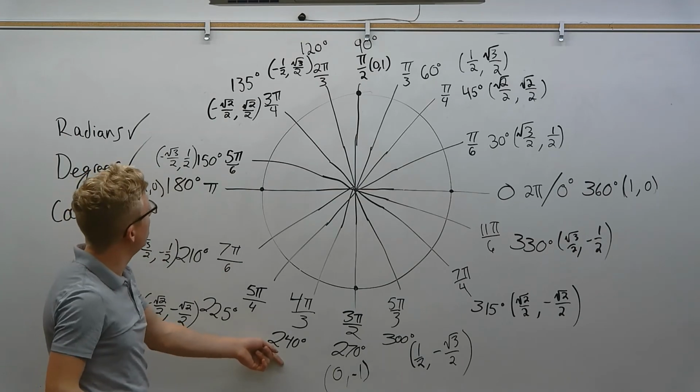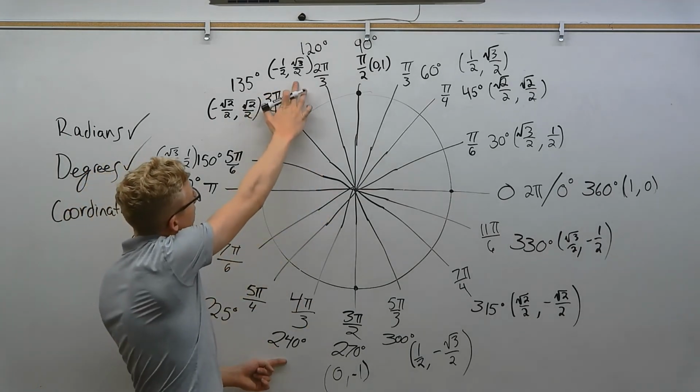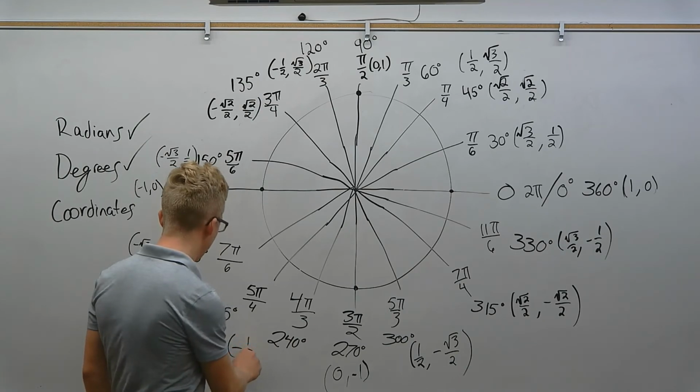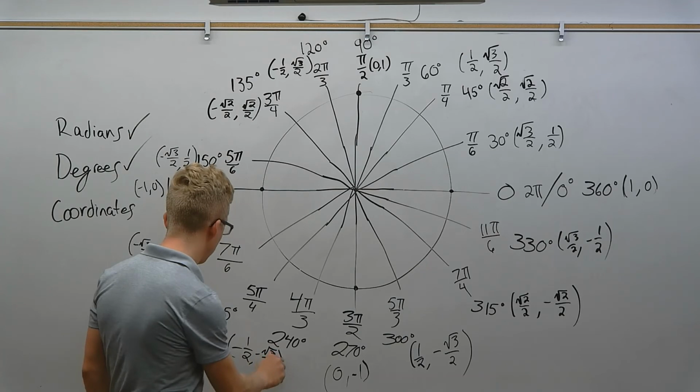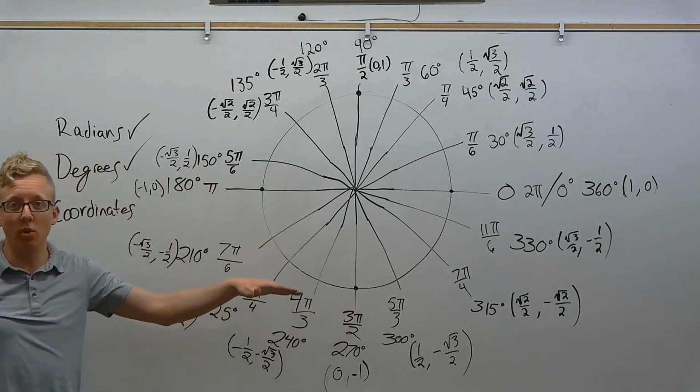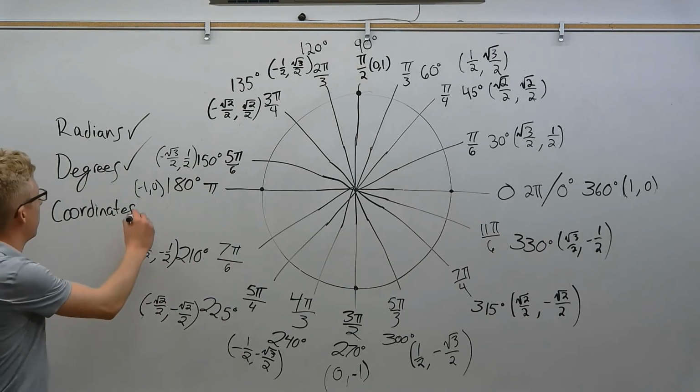And then down here, we're going to have negative 1/2, negative root 3 over 2. Okay? We've just finished the coordinates for everything.